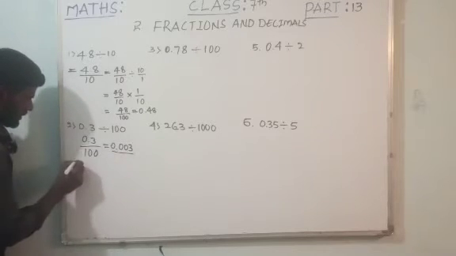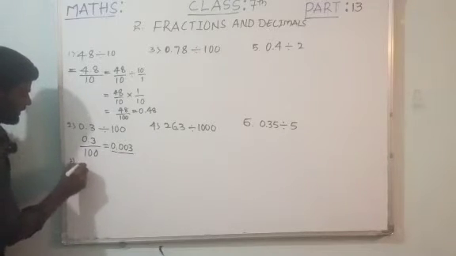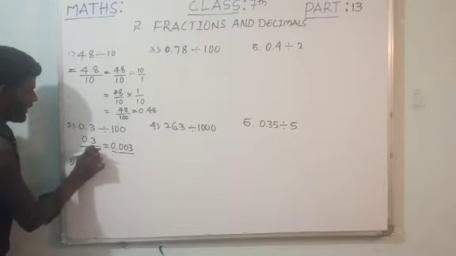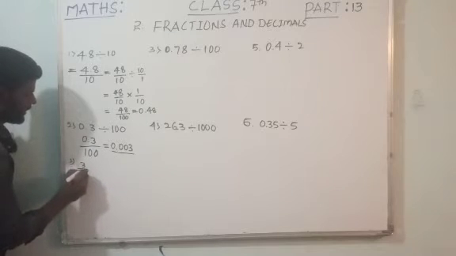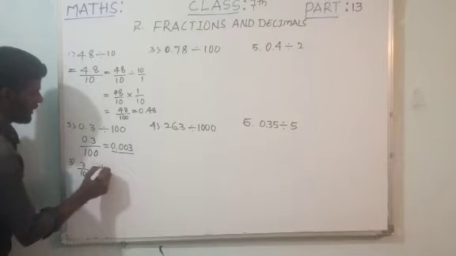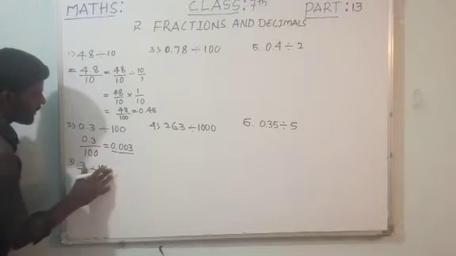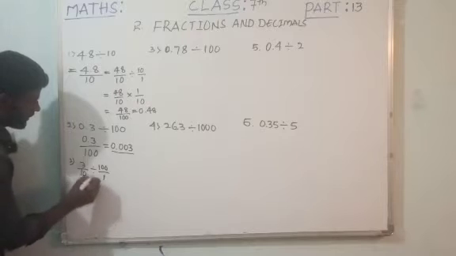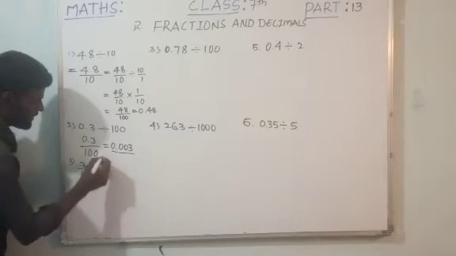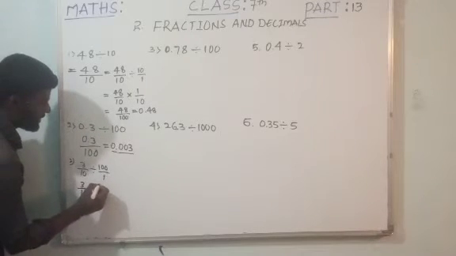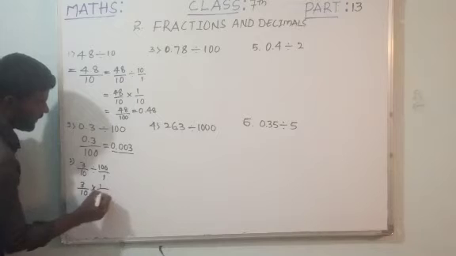Another way, the second way: 0.3 I can write as 3 by 10. This division is divided by 100 by 1, so 3 by 10 divided by 100 by 1. This division means taking the inverse, so 100 by 1 becomes 1 by 100.